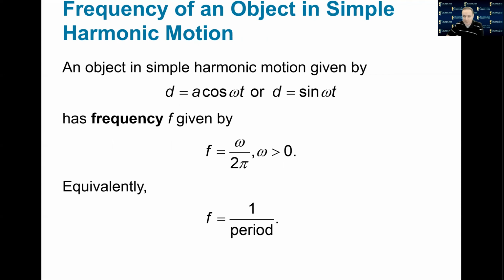So you say 1 cycle per period. That is our frequency. So if your period in this problem took 4 seconds, you would say the frequency would be 1/4 in that case. For every second, it completes 1/4 of a period.